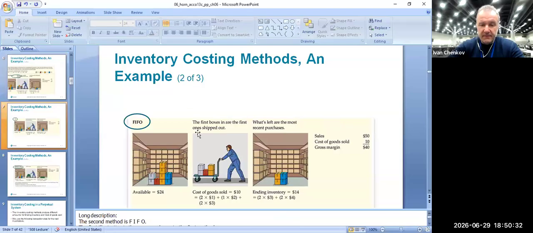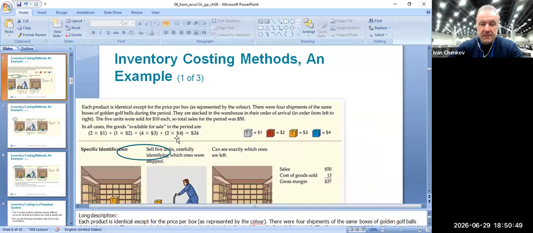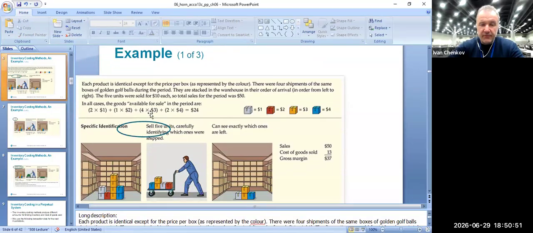Now with first in, first out, the item that comes first is the item we sell first. In our inventory, the last purchased were the 4 boxes, the dark blue and the yellow.